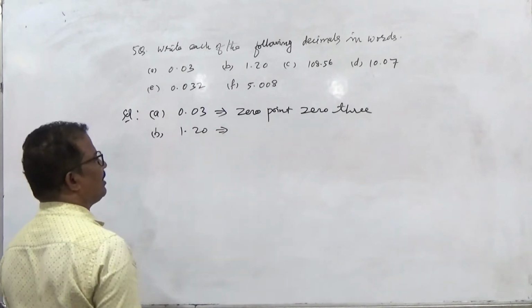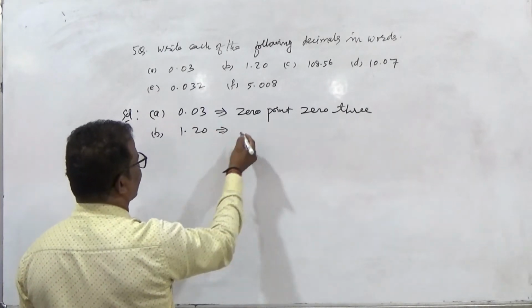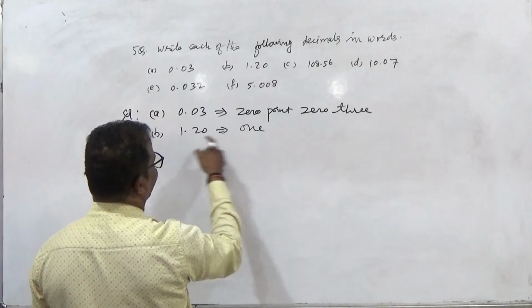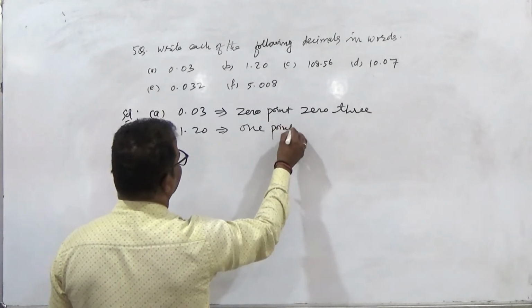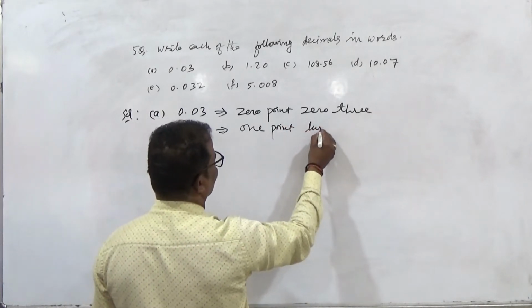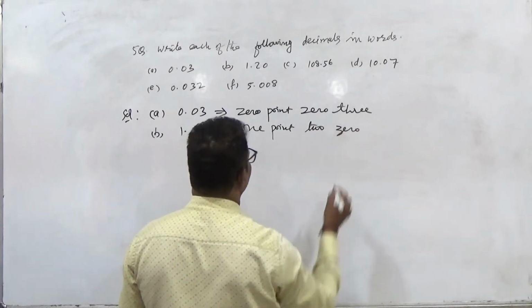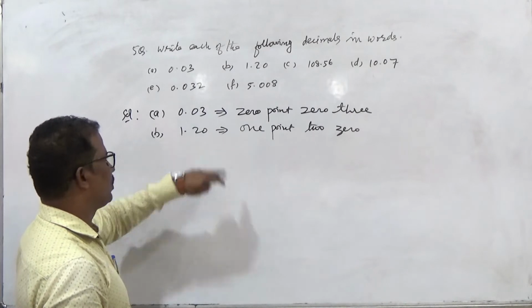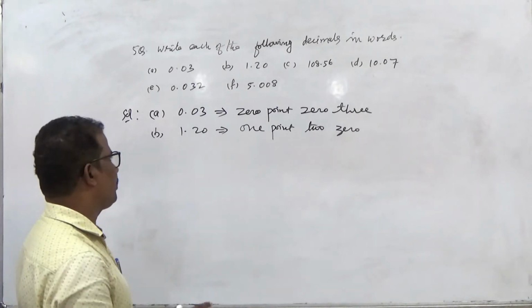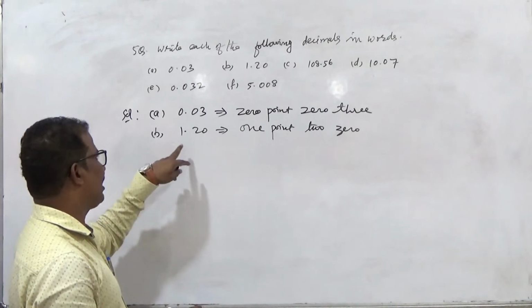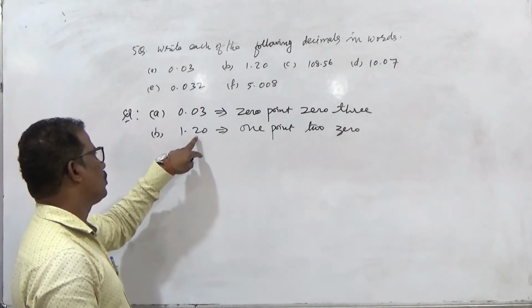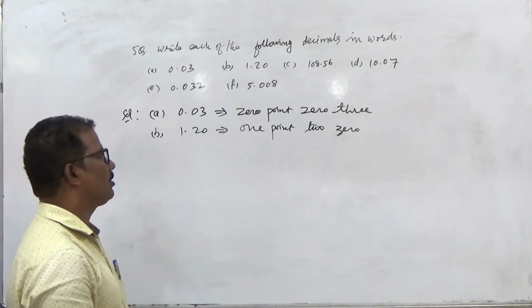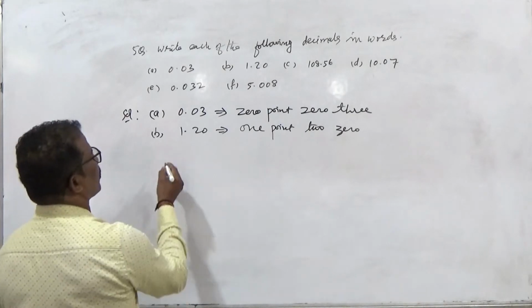For this we can write in sentence form: 1, then point, 2, 0. So in decimals we have to read like this, 1 point 2 0, not 1 point twenty. Understand all of you? You have to keep in your mind that in decimals we have to read like this only, 1 point 2 0, not 1 point twenty. Understand?